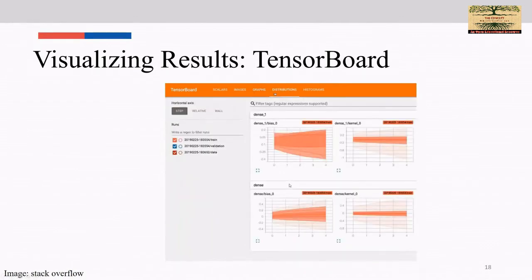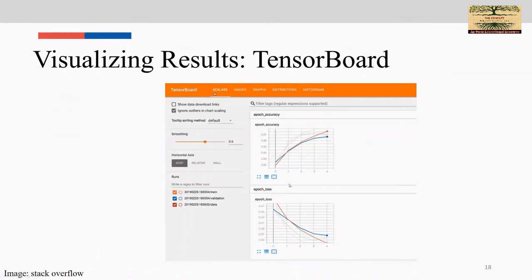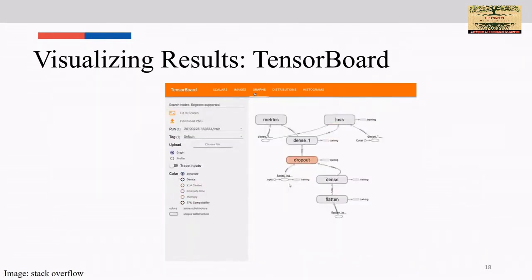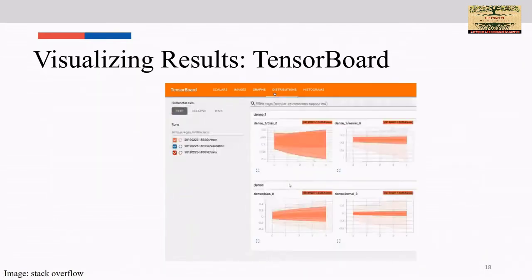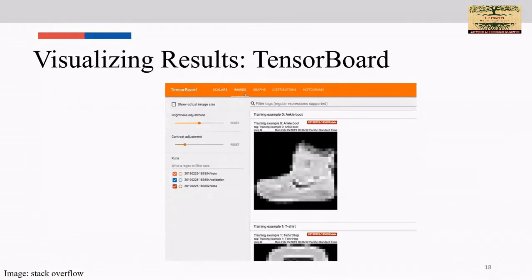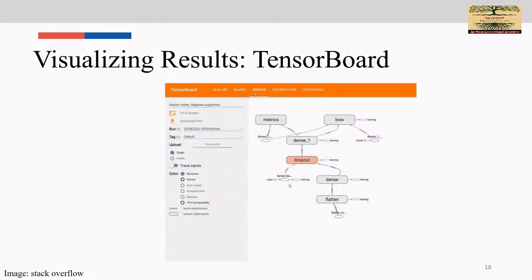All things can be visualized in a single environment called TensorBoard. TensorBoard is also an open source tool used for visualizing your training or your deep neural network performance.